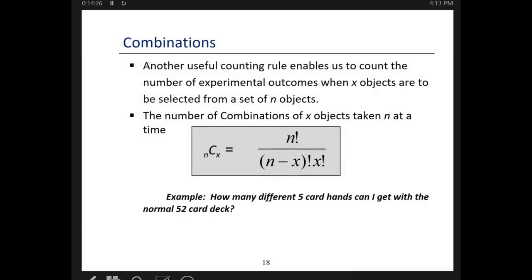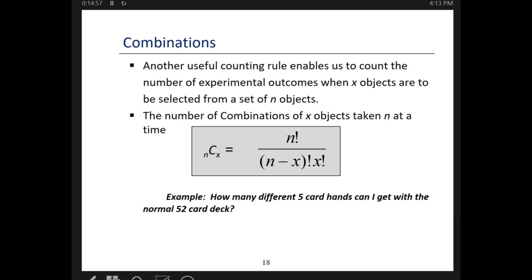Combinations. How many different 5-card hands can I get with the normal 52-card deck? Here's the formula for this. Number of experimental outcomes when X objects are to be selected from N objects.